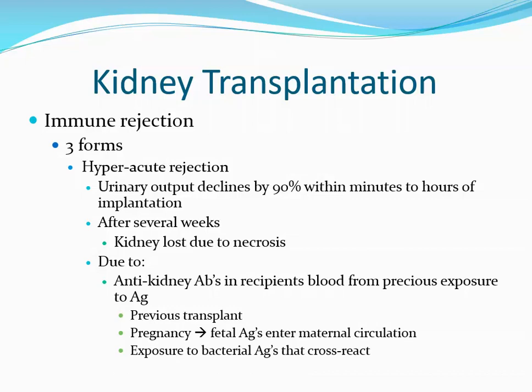This is often the result of anti-kidney antibodies that were present in the recipient's blood at the time of transplant. These are coming from previous exposure to the antigens, either through a previous blood transfusion, a previous transplant, pregnancy where fetal antigens have gotten into the maternal circulation, or exposure to bacterial antigens that cross-react with the kidney.